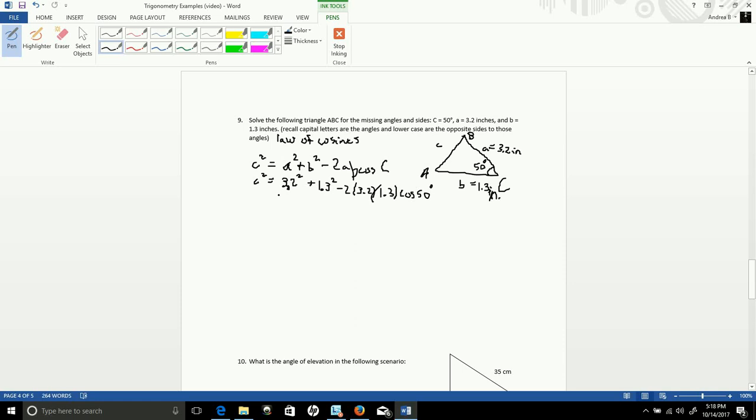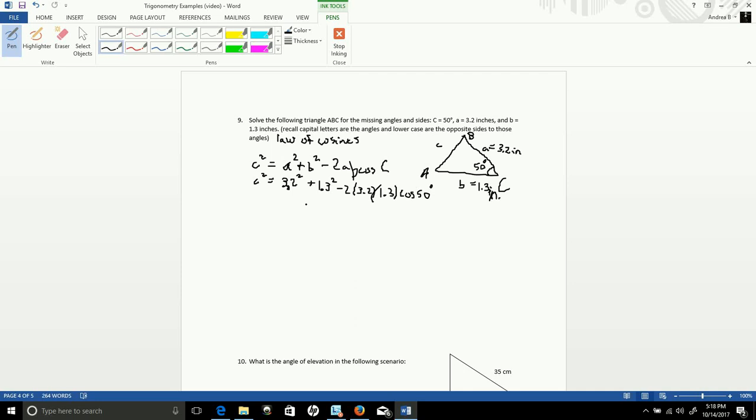So once you get that set up, it's a matter of just going through and plugging the values that you have into your calculator to get to the answer. Once again, depending on your calculator will depend on exactly how you enter those in, so you do want to make sure that you're careful whenever you're calculating those. So here if we do 3.2 squared, and some of you may have to split this into multiple steps, and others of you may be able to put it all in at once.